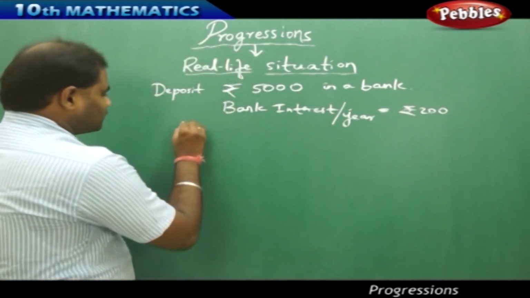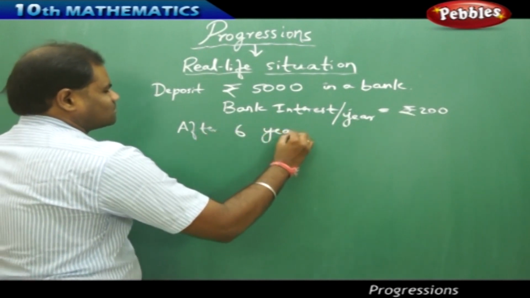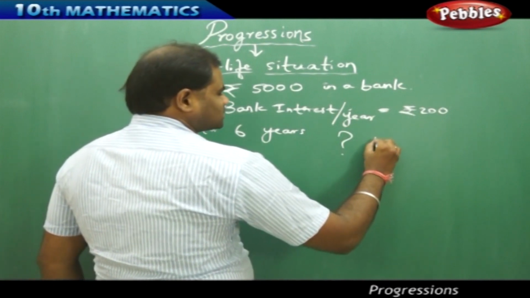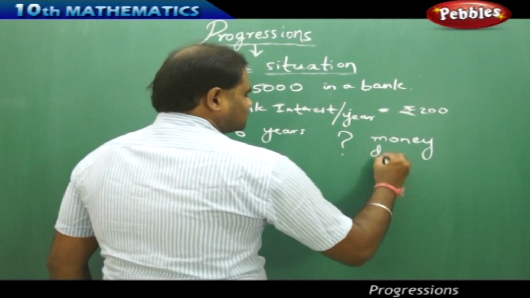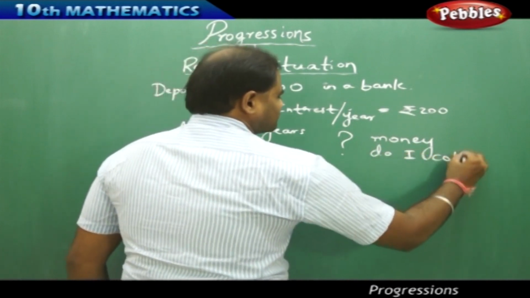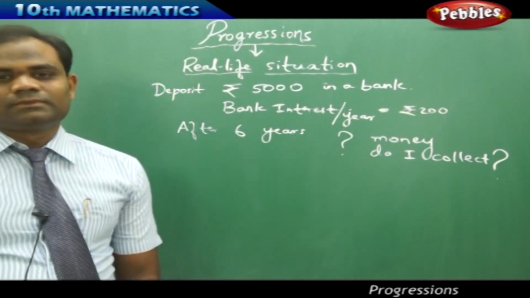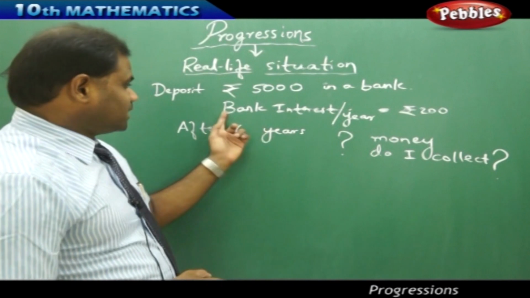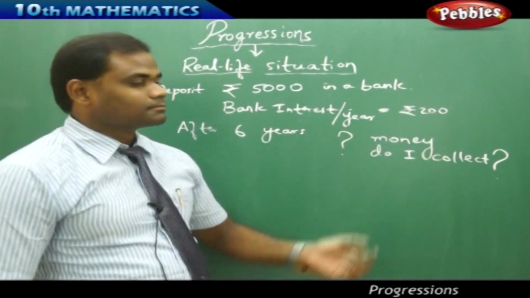So if I go after 6 years, what will be the amount of money? How much money do I collect is the biggest question here. So after 6 years, definitely the money increases because the interest is 200 per annum or per year.